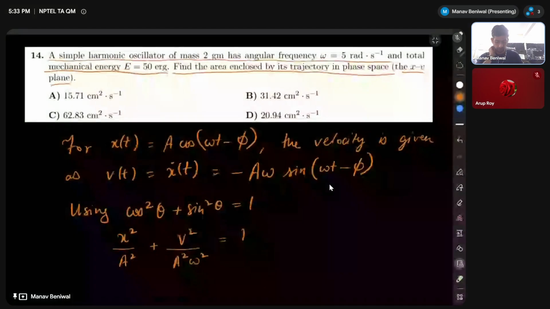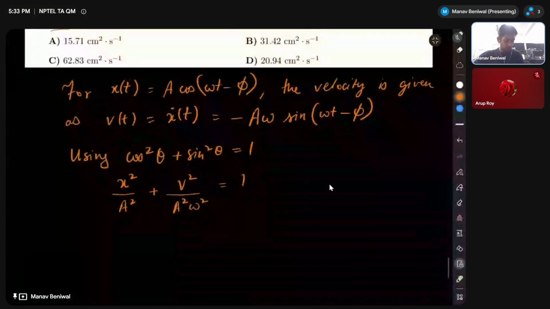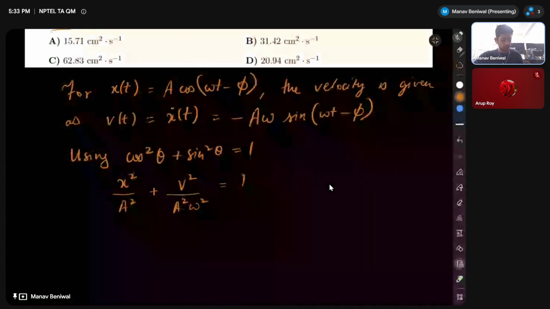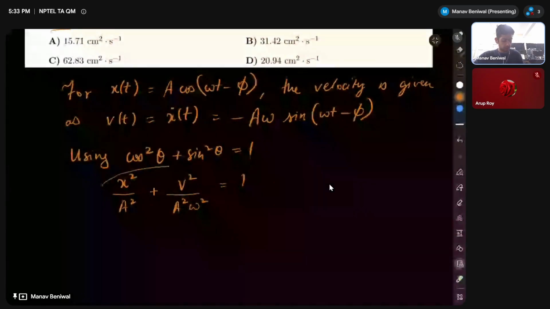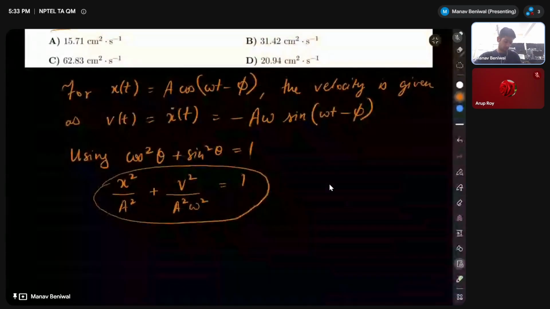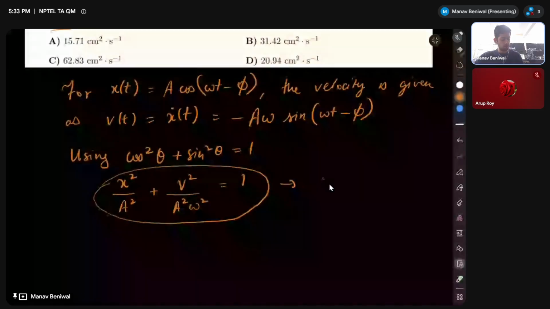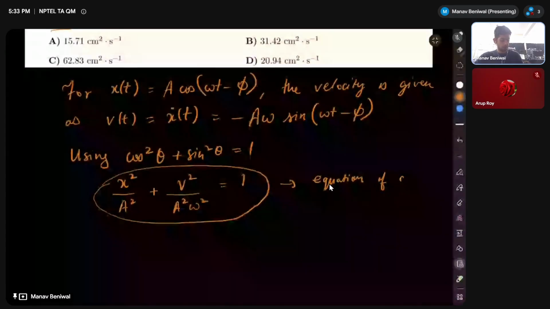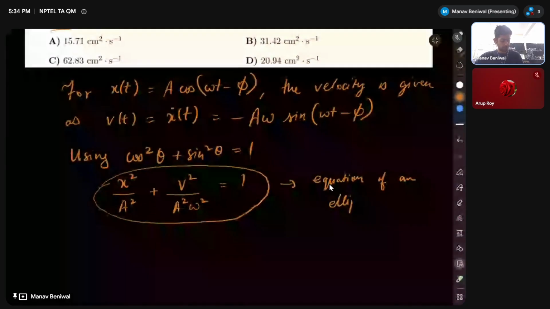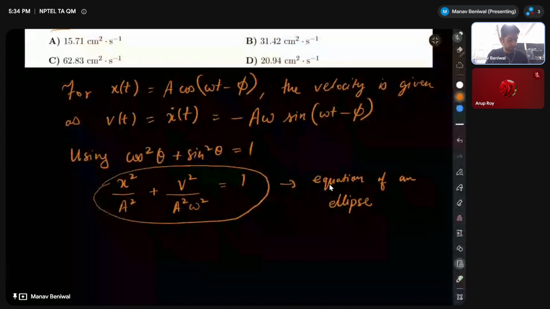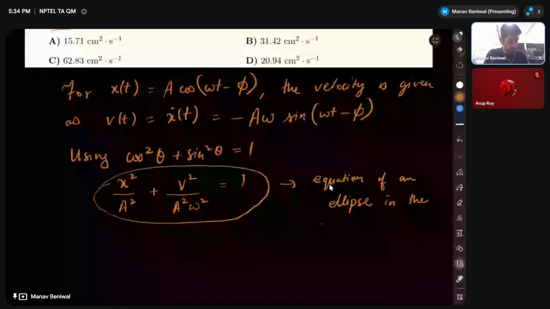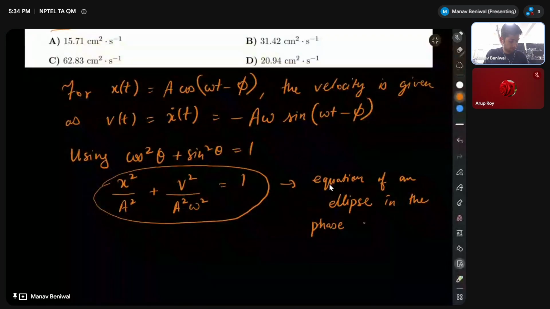Just looking at this equation, you can see this is nothing but the equation of an ellipse in the phase space. And phase space is nothing but our xv plane.